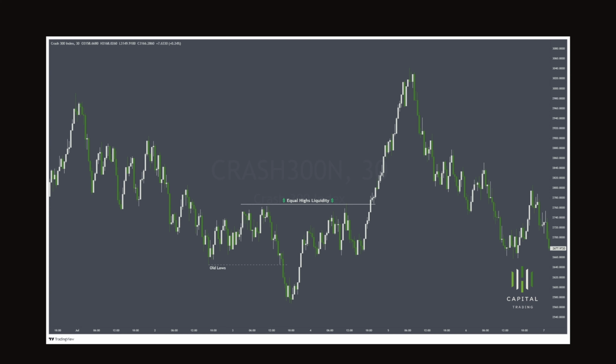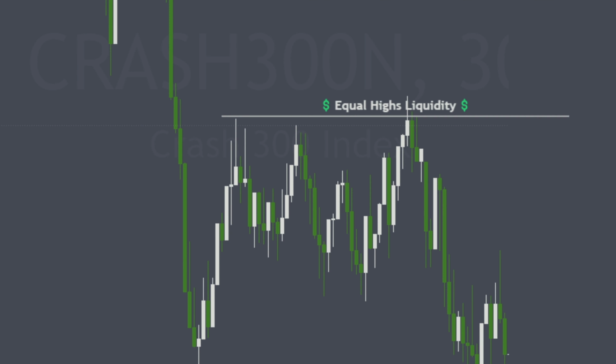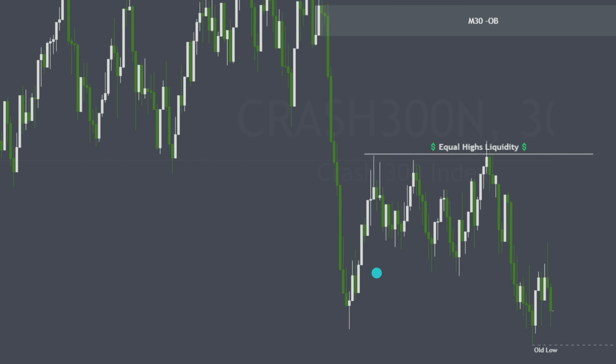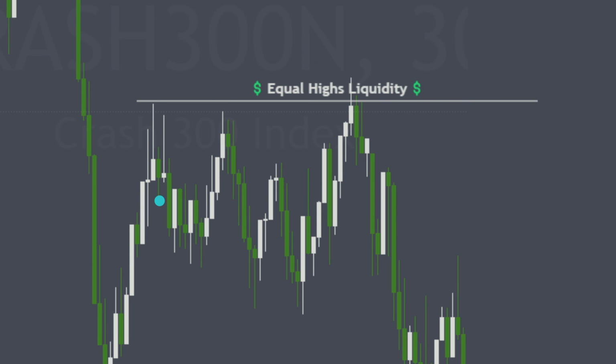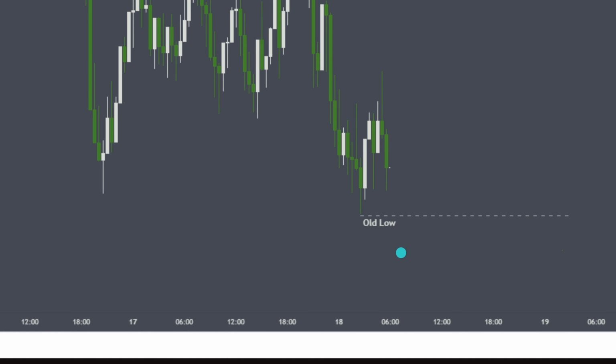Let's look at the third chart. We had price dropping, and when it dropped, it formed this last up close candle, which was a bearish order block. Then we had the market consolidate for some time here. Now we had these 1, 2, 3 highs, which were equal, and then we had this old low being formed.